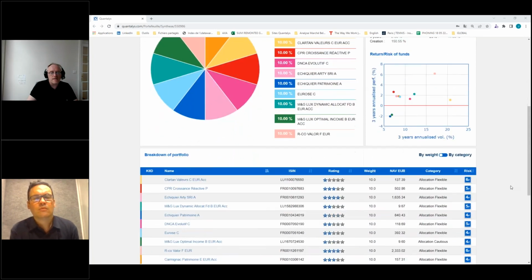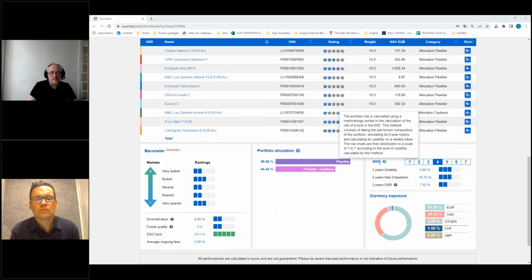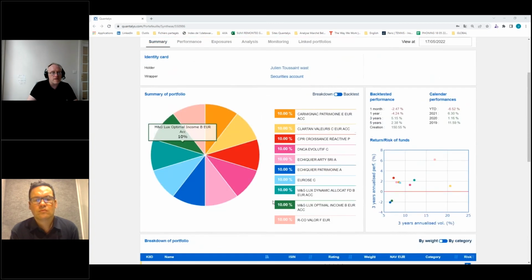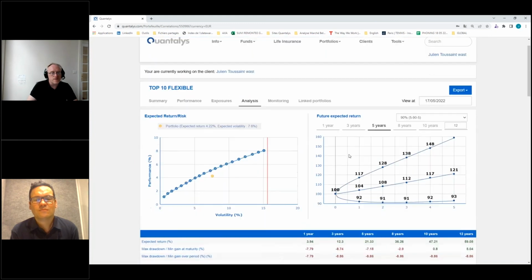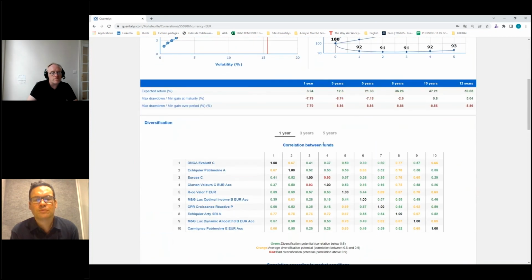Exactly. And of course, you can see the SRI of the portfolio. Here you have several pieces of information on the performance of this portfolio. You can also have a view on the analysis of this portfolio, meaning the performance attribution, the return attribution of your fund of funds.